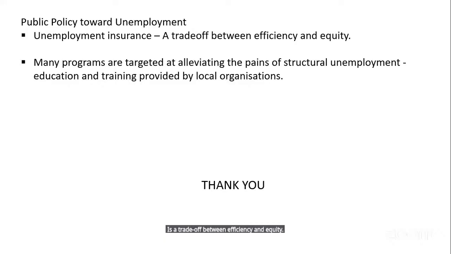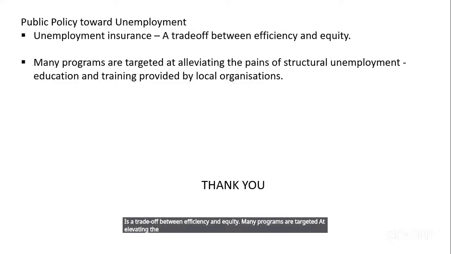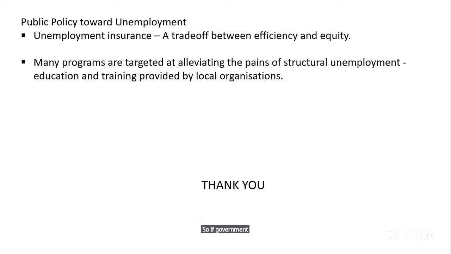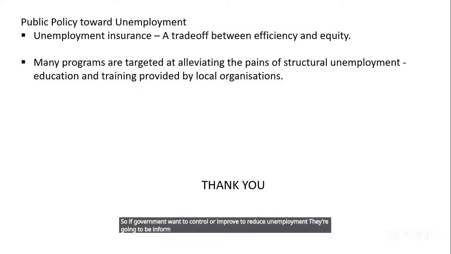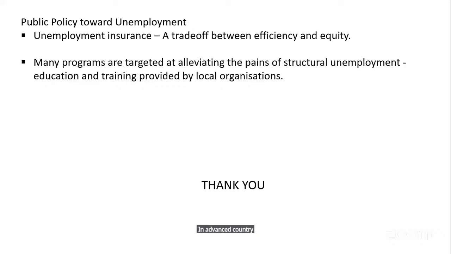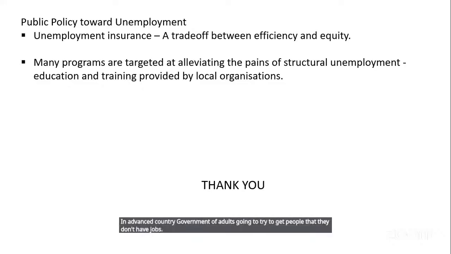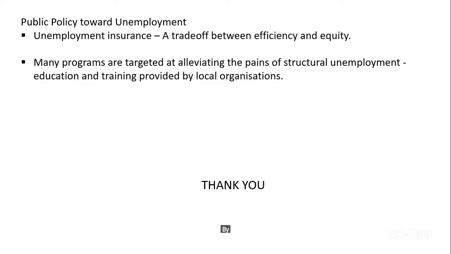Many programs are targeted at alleviating the pains of unemployment, such as education and training provided by local governments. So if the government wants to reduce unemployment, it can do so through unemployment insurance benefits. In advanced countries, governments try to support people who do not have jobs by giving them stipends until they get a job.